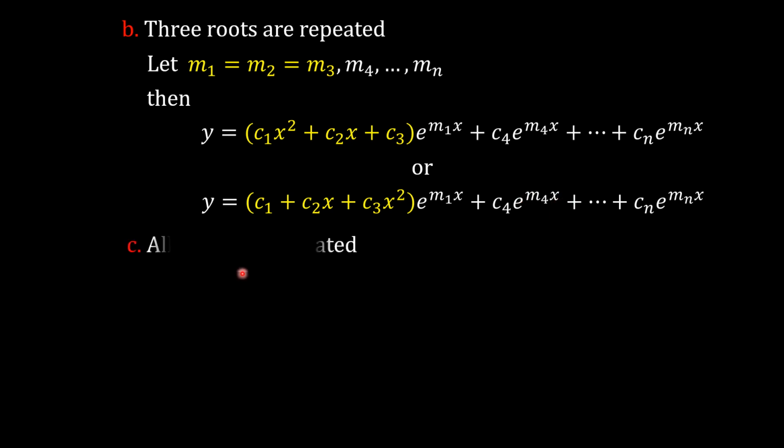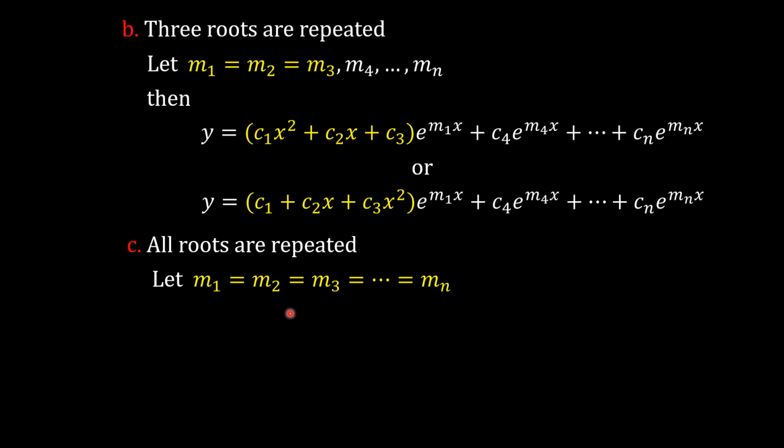Now finally consider the case when all the roots are real and repeated. So let us consider m1 equal to m2 equal to m3 equal to so on equal to mn.